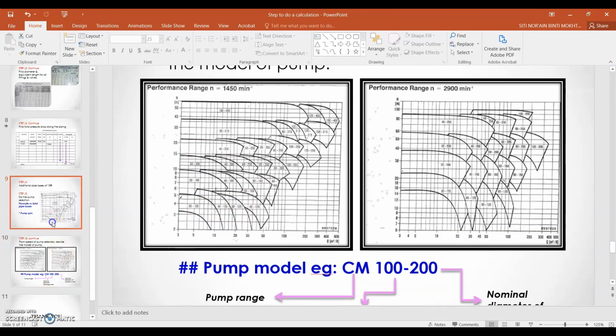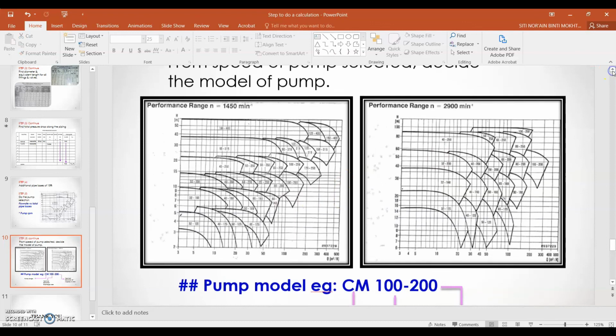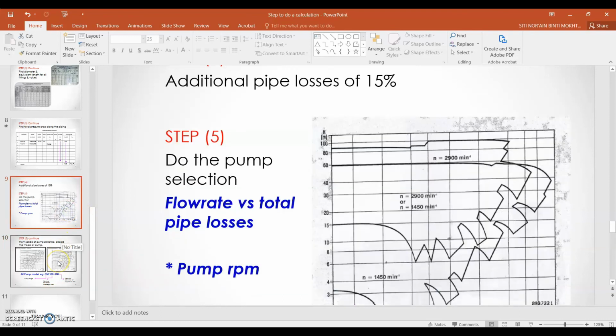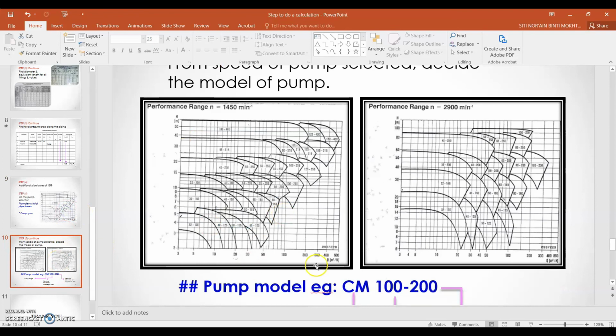Since you need two models of pump, you need to use both pump curves. You use the same values for the x and y axes: condenser water flow rate is 20, and the friction loss is 30. Just draw this one. The intersection is here, so it becomes this region.